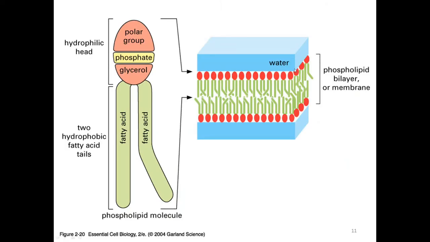And lastly on this slide, we'll begin to see how the individual phospholipids are organized to form a membrane. In each case, we have the hydrophilic heads orienting themselves next to the water. The major goal here is to separate the water from the hydrophobic tails.